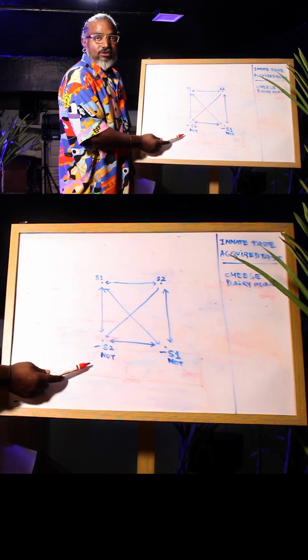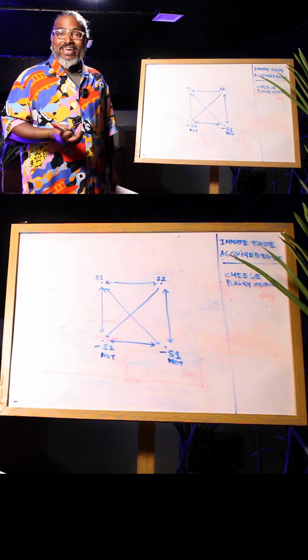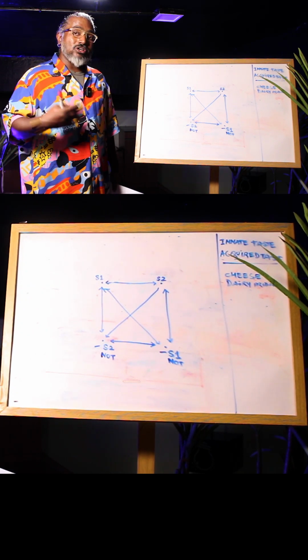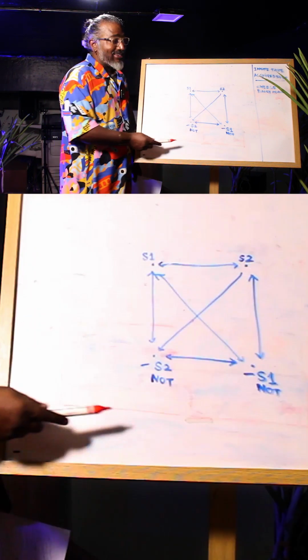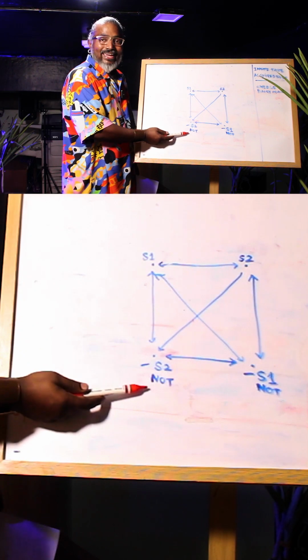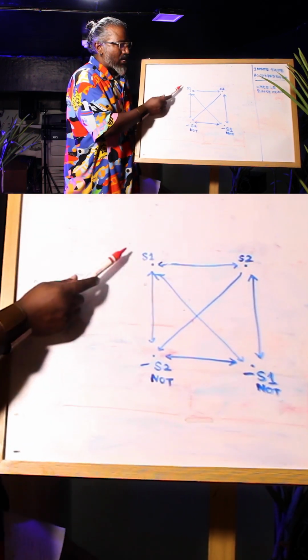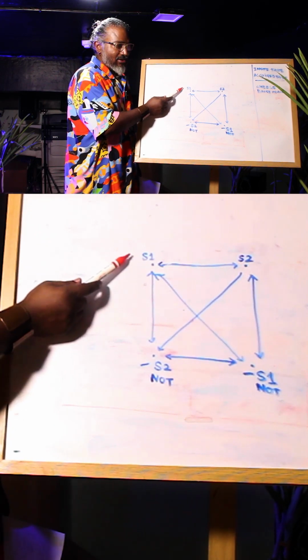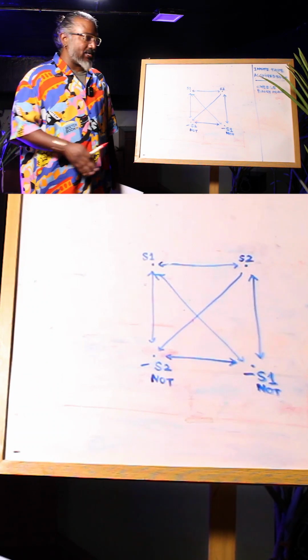For example, S1, consider day. What is the contrary opposite of it? Night, isn't it? If it is night here, diagonally it is negated, not night. Likewise, if it is day here, then not day. So now you got it.